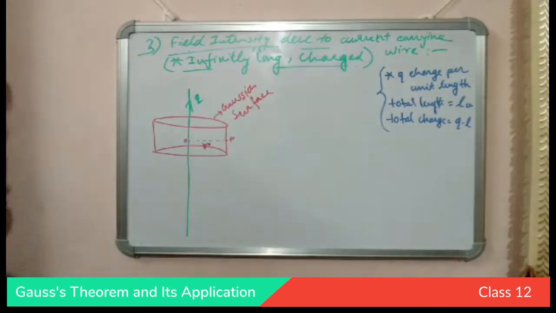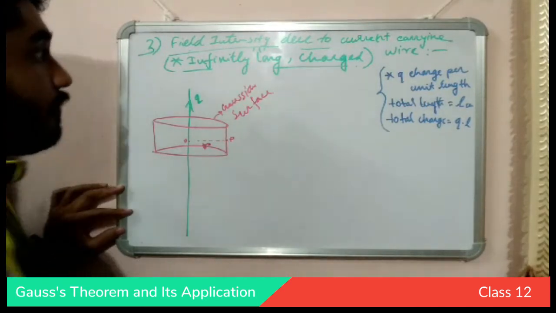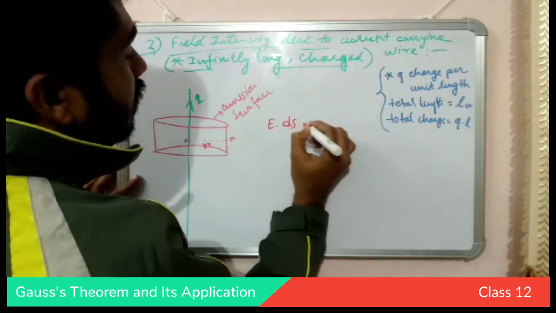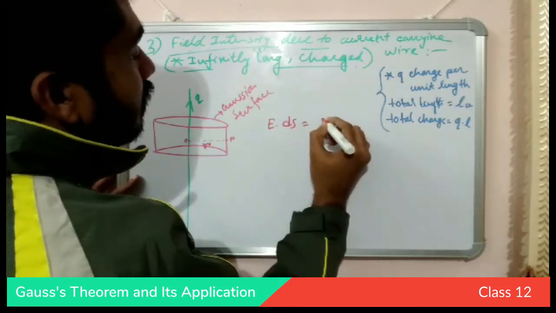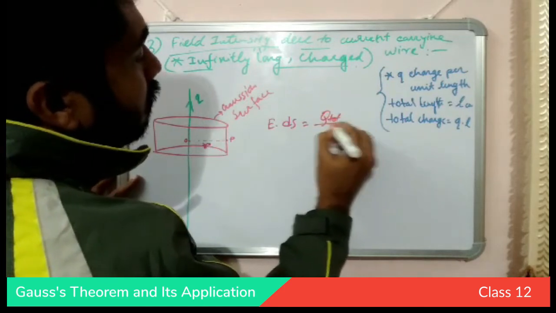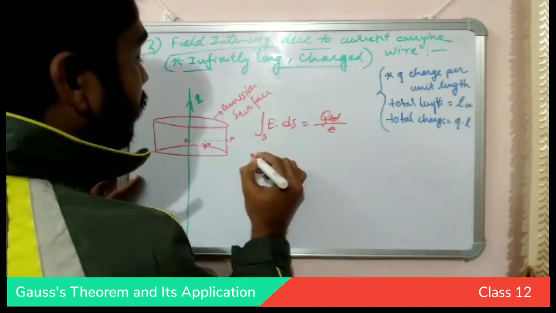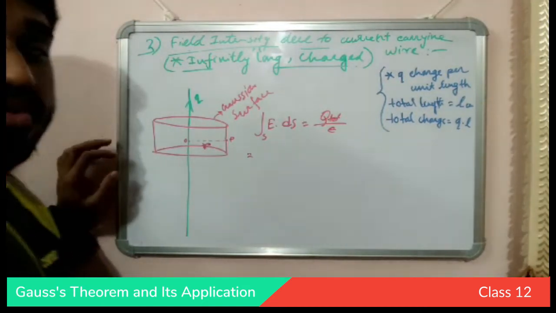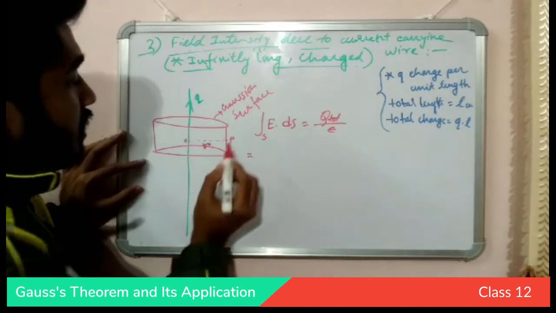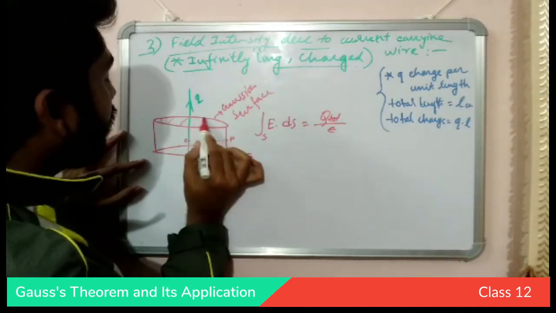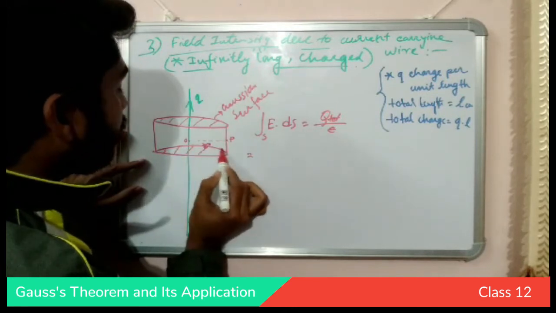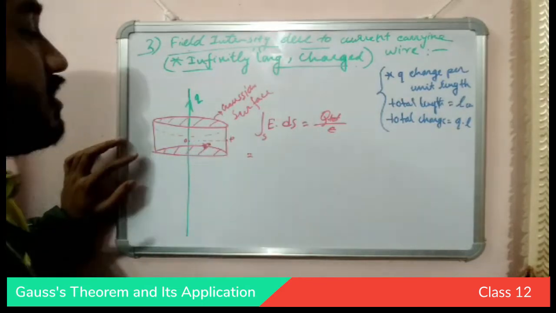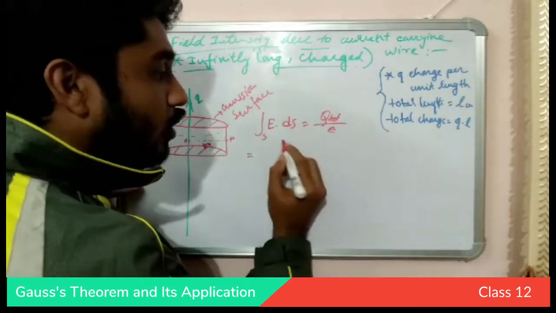So according to Gauss's theorem, E dot S is equal to total Q by epsilon. And now there are two kinds of surface in this picture. One is the plane surface over here and here, and another is the rounded surface.